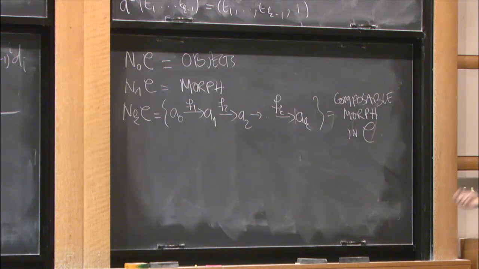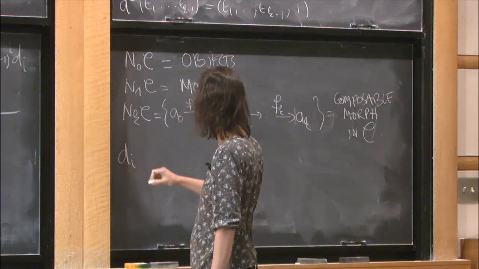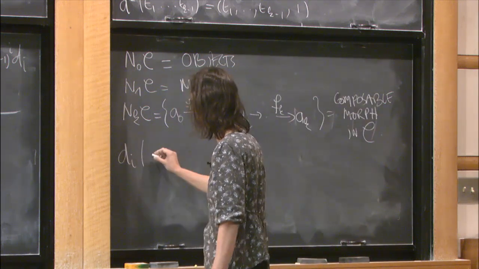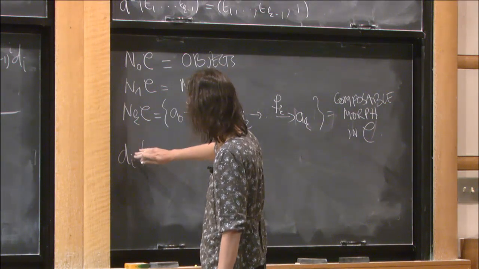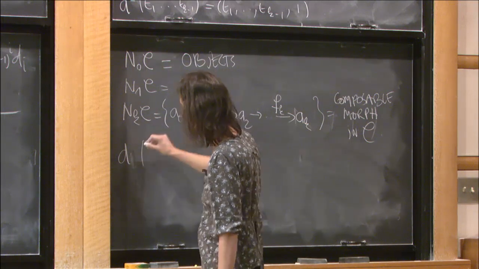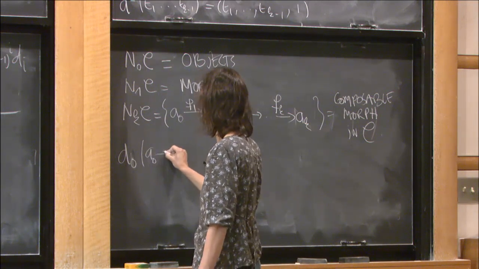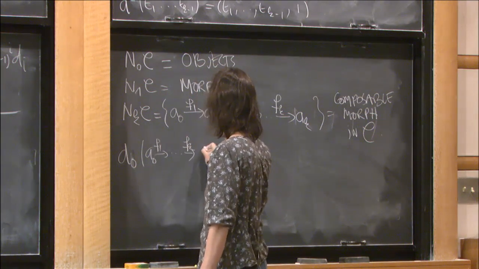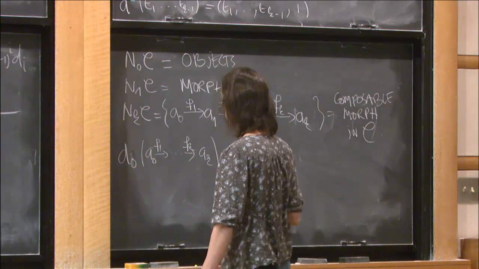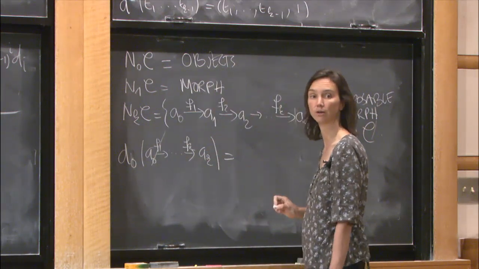I've told you what the simplices are. Now I have to tell you what the d_i's and the s_i's are. I have to do them one at a time. d_0 of something like A0, F1, up to Fk, Ak, I just forget the first one.